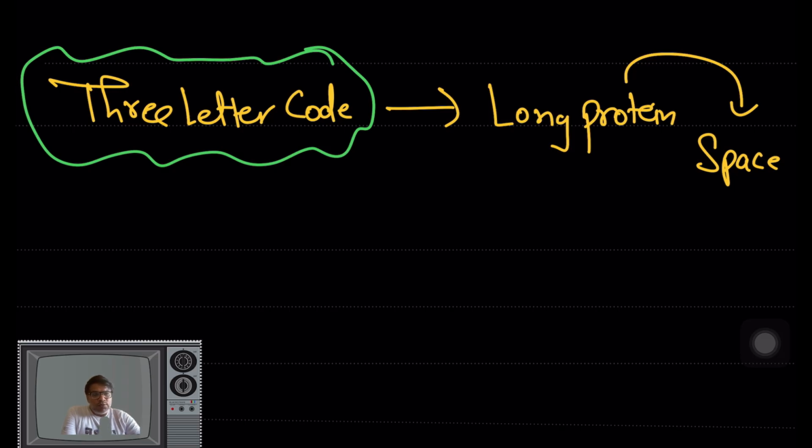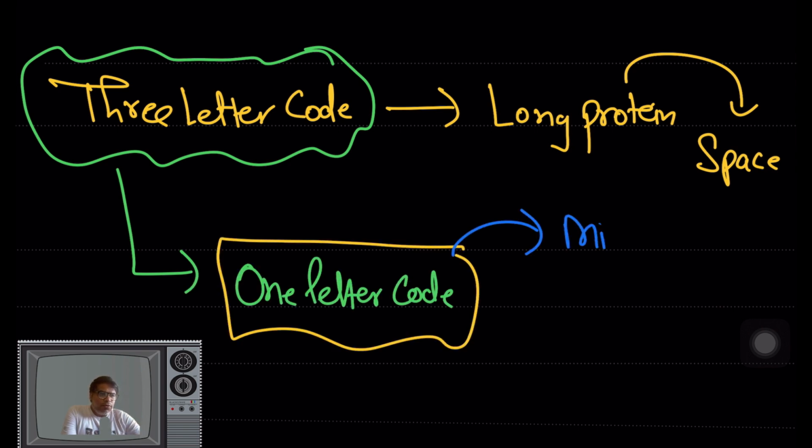To sort out this problem, scientists developed the single letter code, the 1-letter code. When you use the 1-letter code, it will minimize the space to 1/3. You will need just 1/3 of the space.